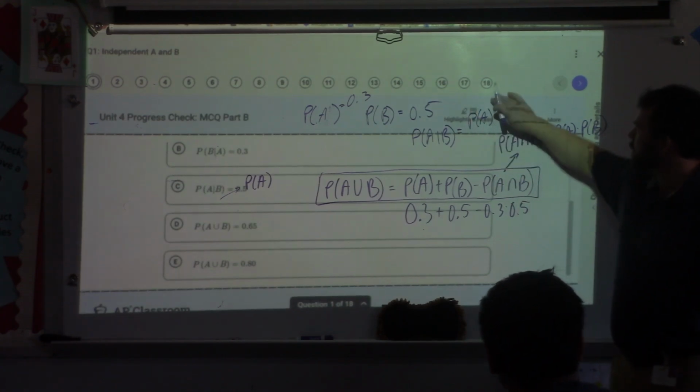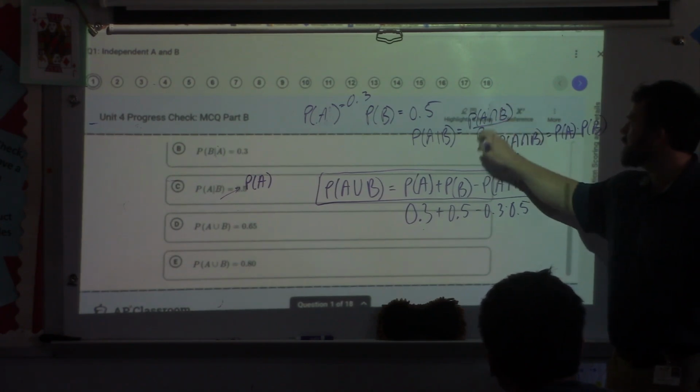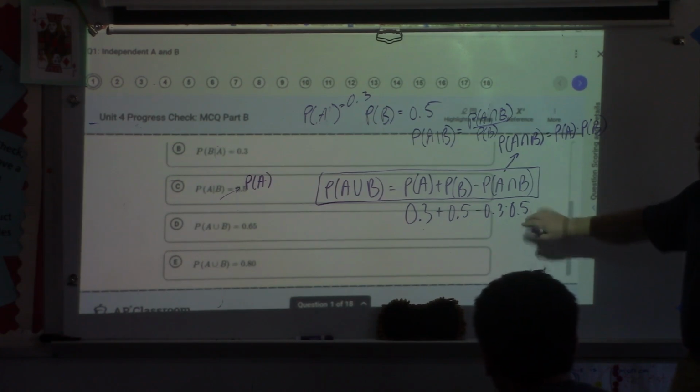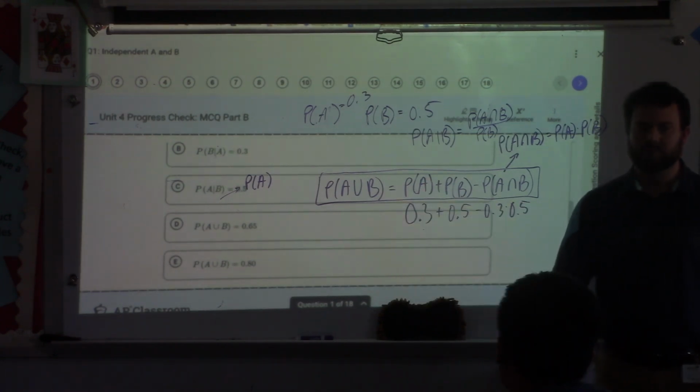But if they are independent events, I can just multiply these two things. That's all we had to do to find that intersection, which is 0.8 minus 0.15, or 0.65.